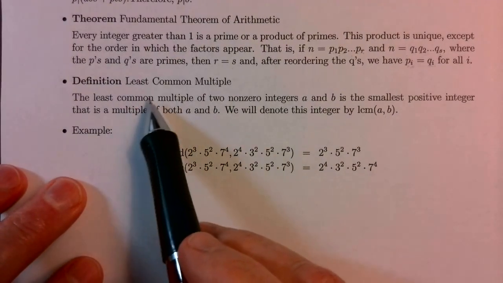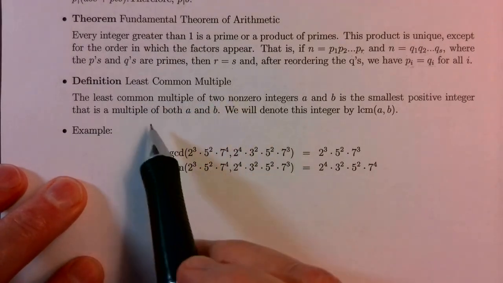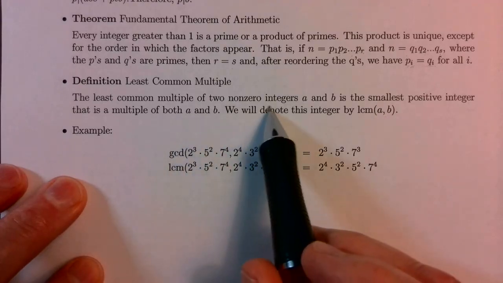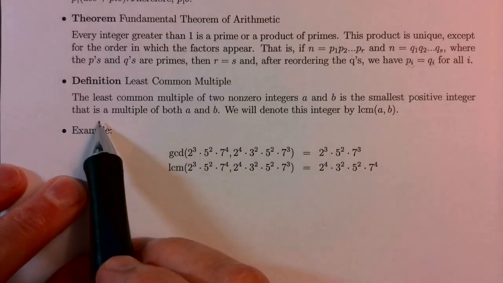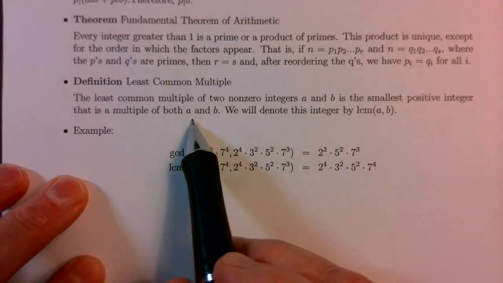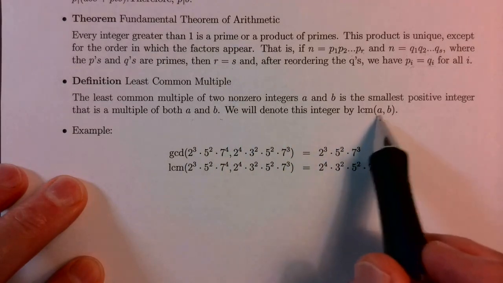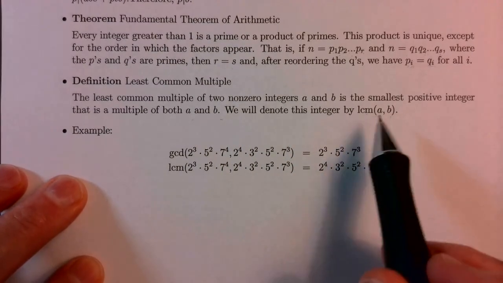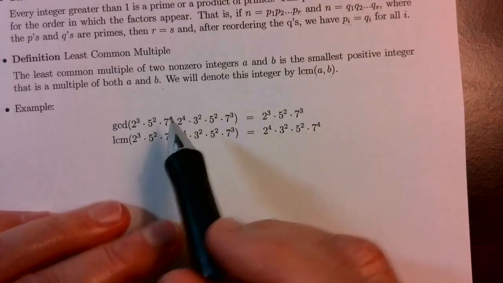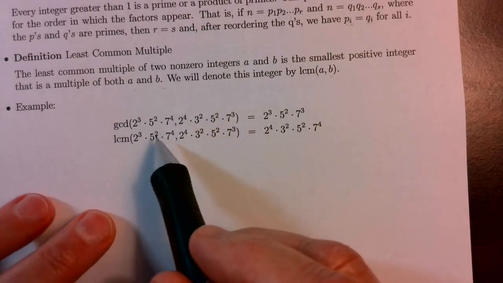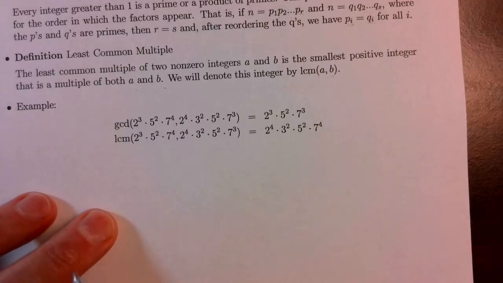We define the least common multiple here. The least common multiple of two non-zero integers A and B is the smallest positive integer that is a multiple of both A and B. We'll denote this by LCM of A and B. And the fundamental theorem of arithmetic gives a convenient way of finding the LCM and the previously defined GCD.